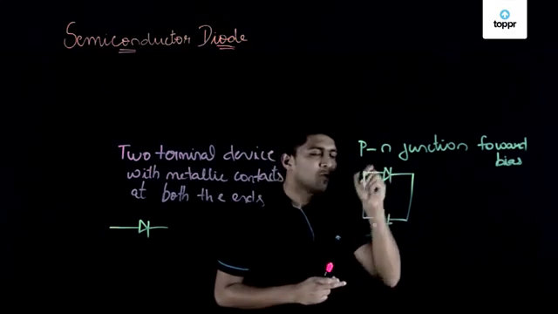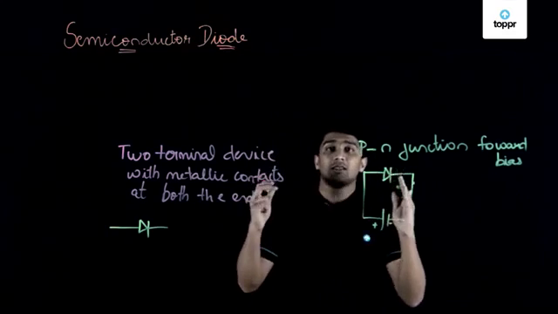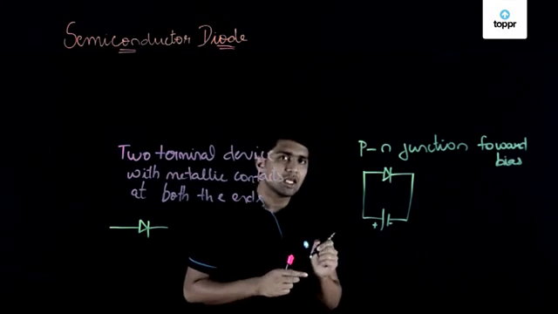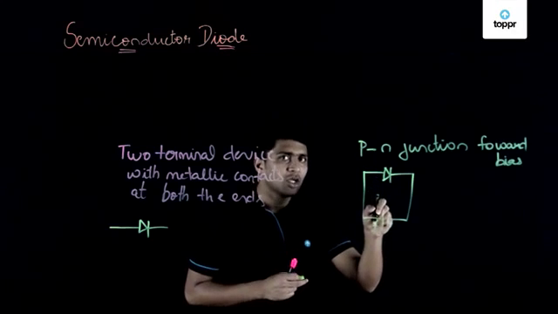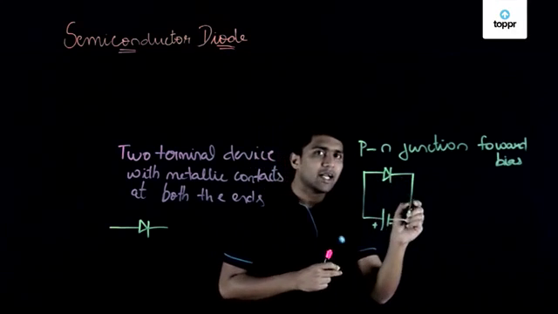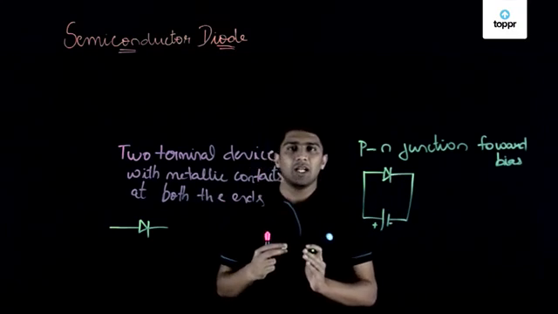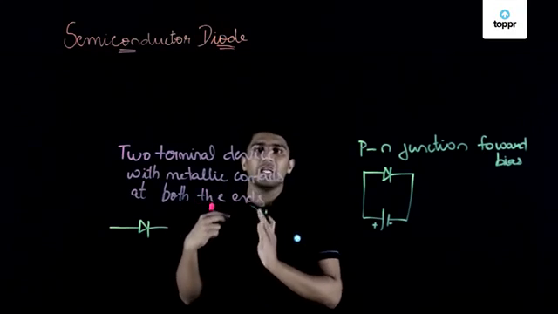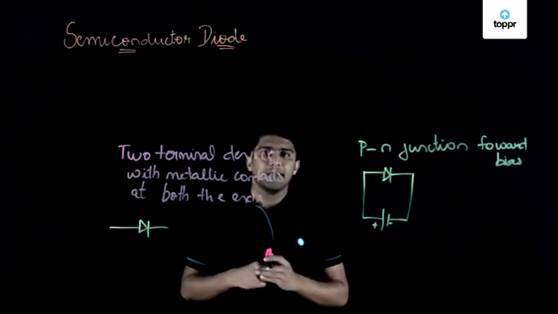When it is in forward bias, we have already learned about the formation and how the depletion layer occurs, right? So when the PN junction diode is in forward bias, what will happen? The applied voltage is in the opposite direction to the flow of current in the depletion layer. In the depletion layer there is already an inbuilt current because of diffusion and drift of current, right?